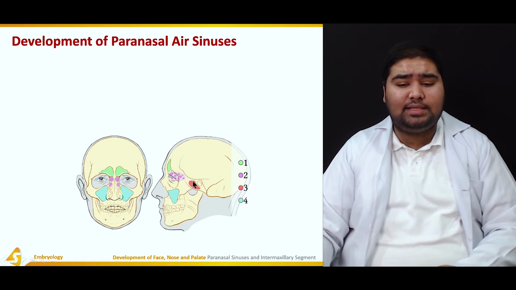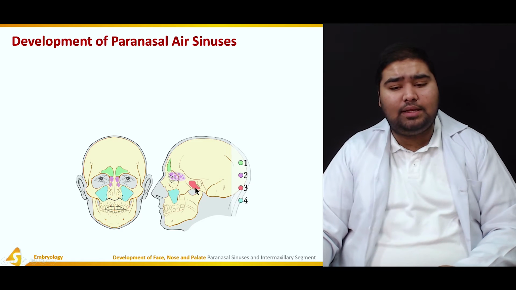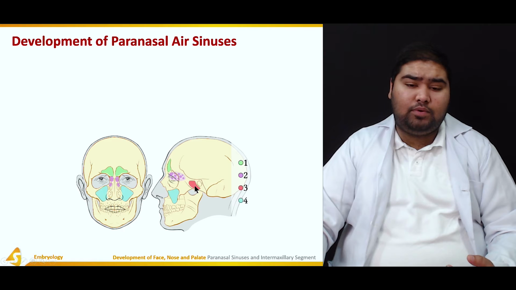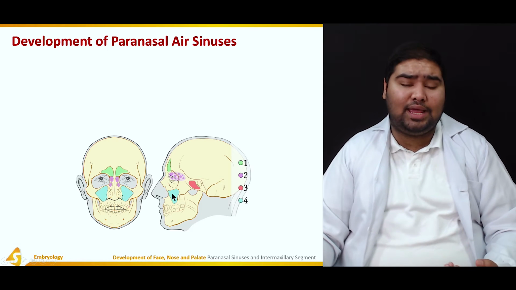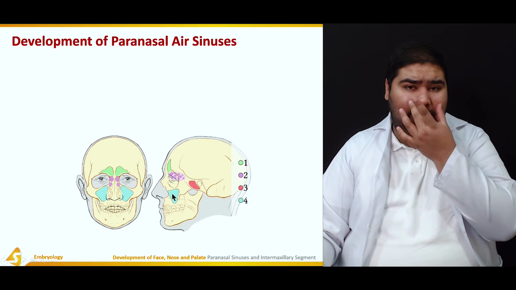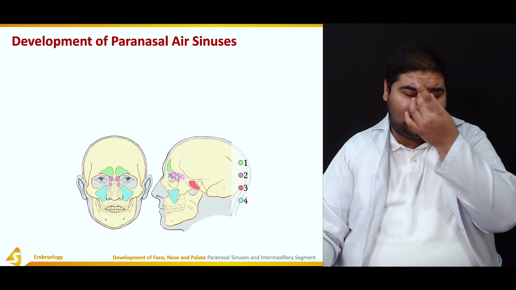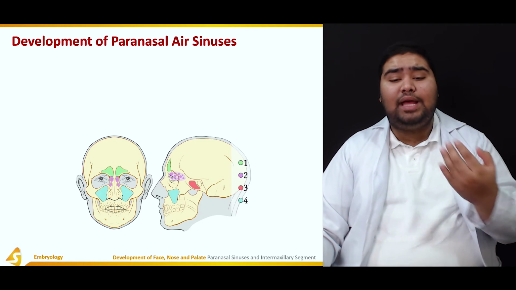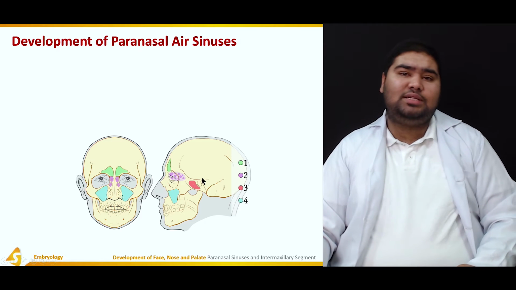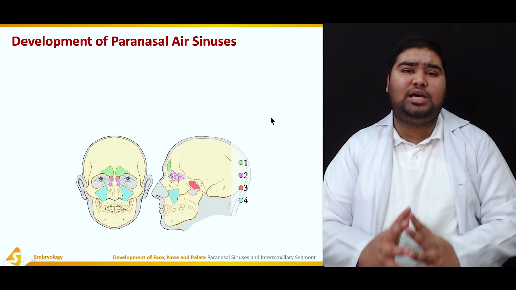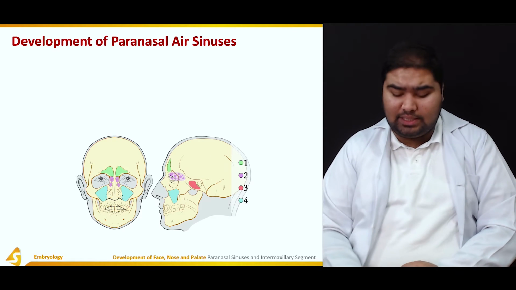Now this is the sphenoid air sinus because it lies in the sphenoid bone, and finally these are the maxillary air sinuses lying in the maxilla. The ethmoid, frontal and sphenoid air sinuses lie slightly deeper down. So these are the four different types of paranasal air sinuses.